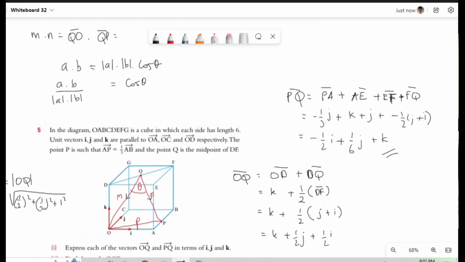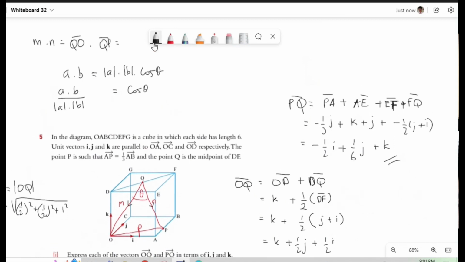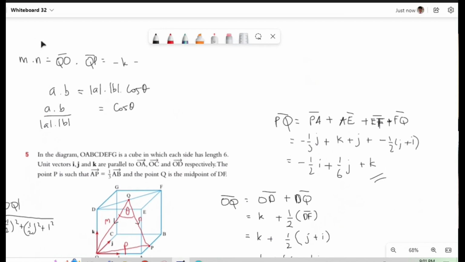So it's going to be the negative of that OQ: negative k minus negative j minus negative i, times QP, which is the negative of PQ, which is half i minus 1/6 j minus k.